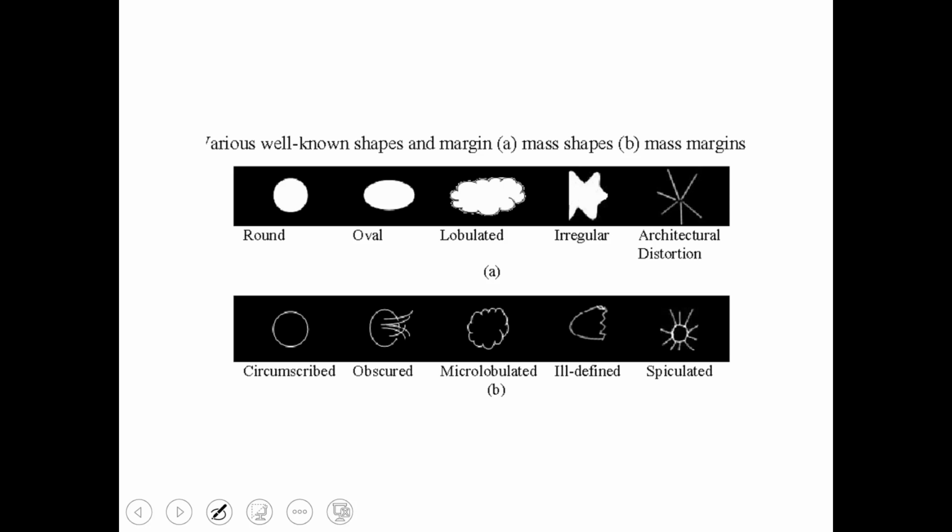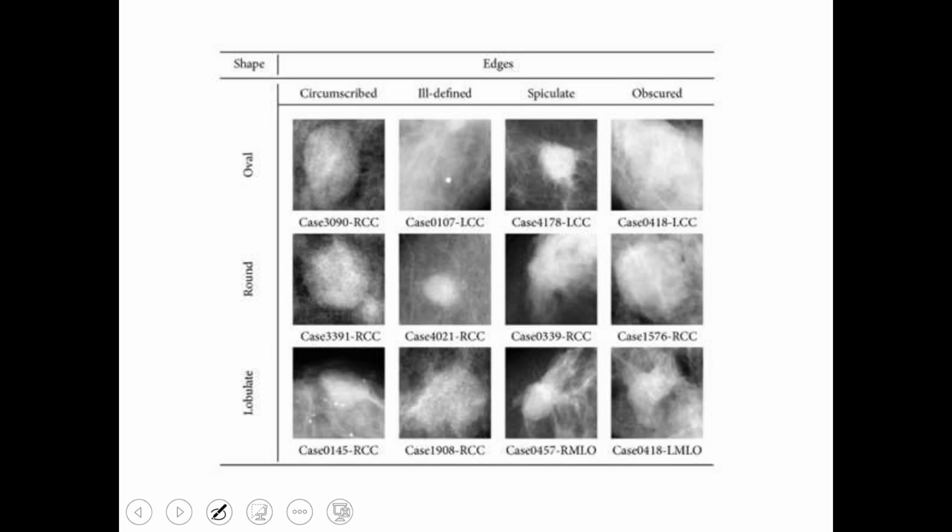How the margin and density of the tissue will be seen in your mammograph. So this is the shape of the breast mass: oval, round, and this is the lobulated shape.